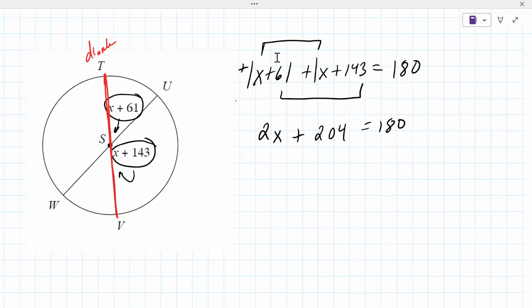I got X equals 12. I think you mean negative 12. Negative 12, sorry.